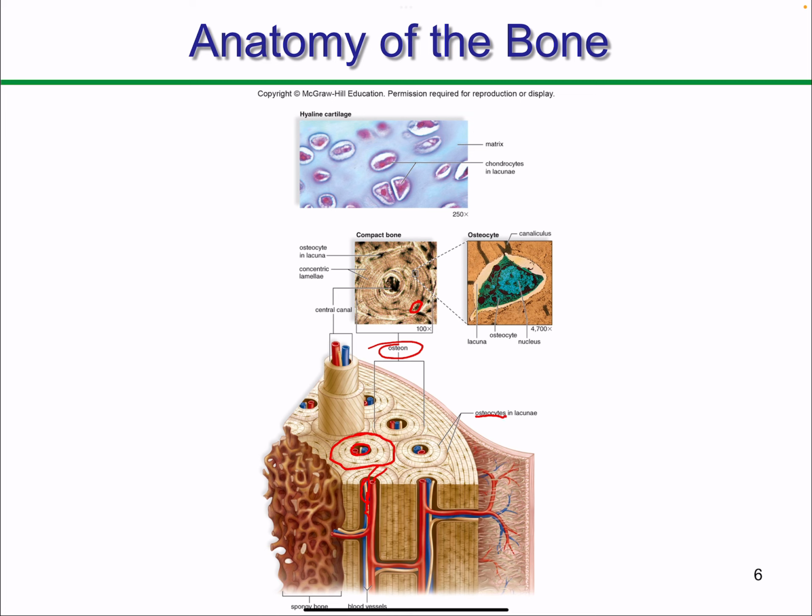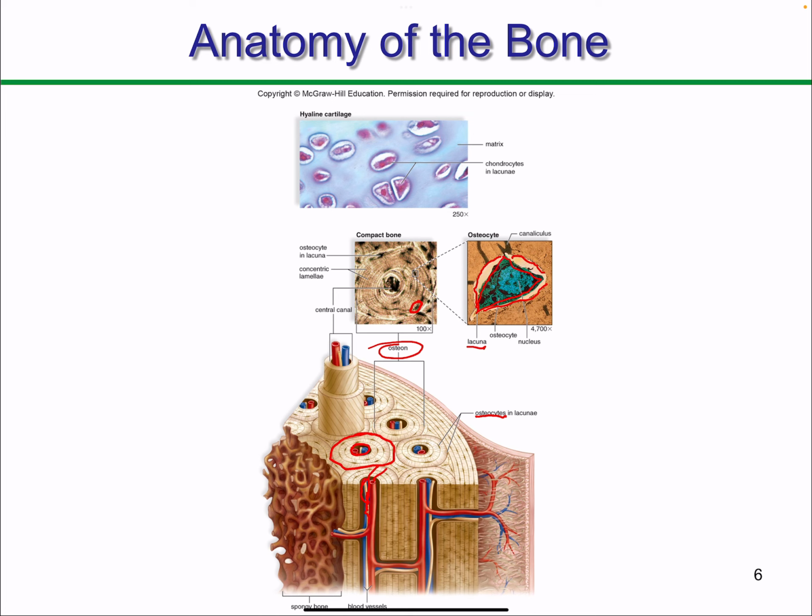These osteocytes are within a chamber. So you look at the chamber, this is the chamber right here, right? That chamber is called a lacuna. So one lacuna, several lacunae, right? We have the osteocyte right in here.